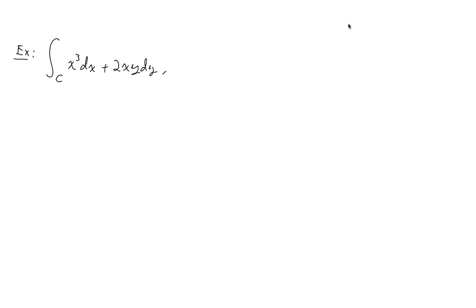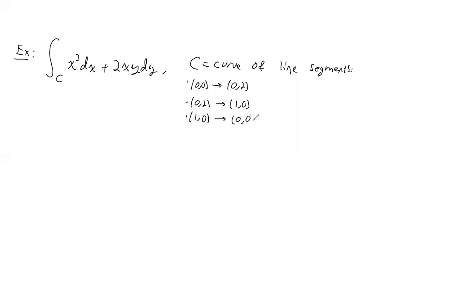And C is the curve consisting of 3 line segments: from (0,0) to (0,2), (0,2) to (1,0), and (1,0) to (0,0). Okay?